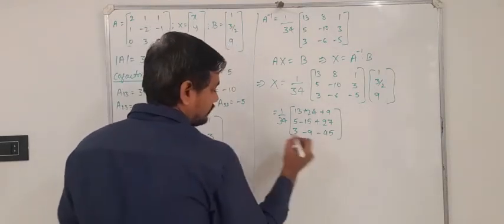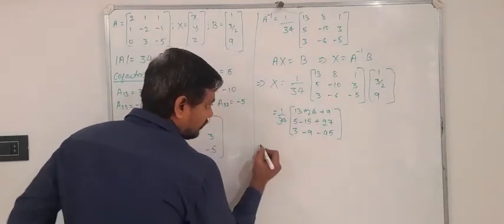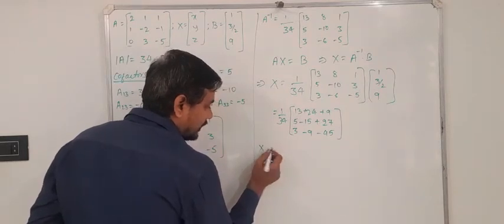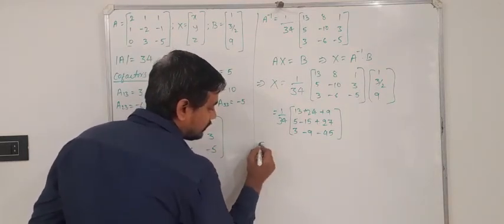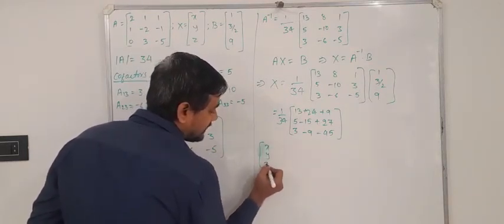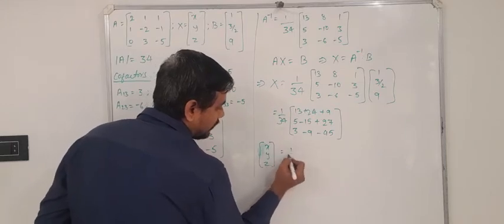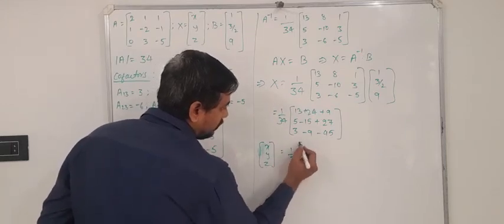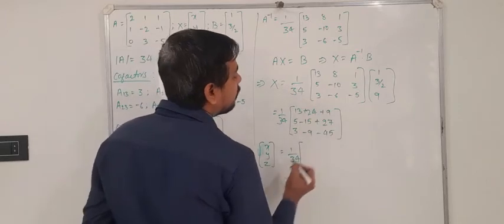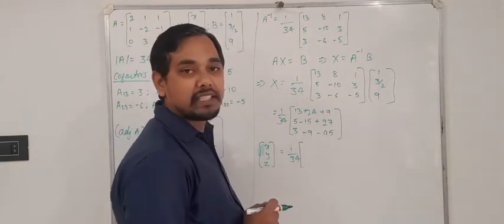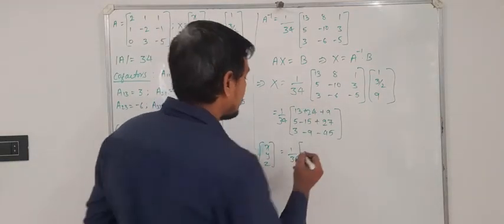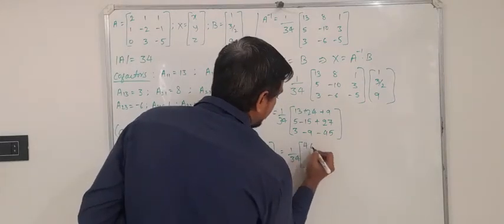So x, y, z is 1 upon 34 into, what is 13 plus 24 plus 9? 24 plus 9 is 33, 33 plus 13 is 46.